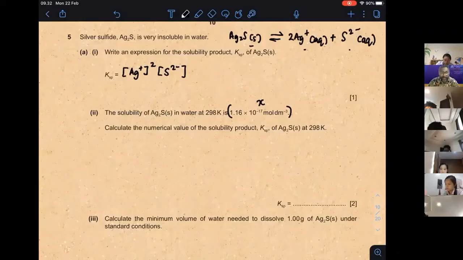And then here, you are going to have plus 2X. Plus 2X. I hope you can see. My internet is laggy again. Let's wait for a while.